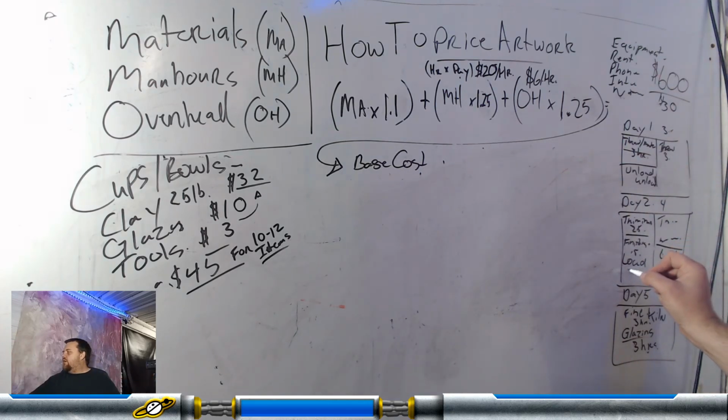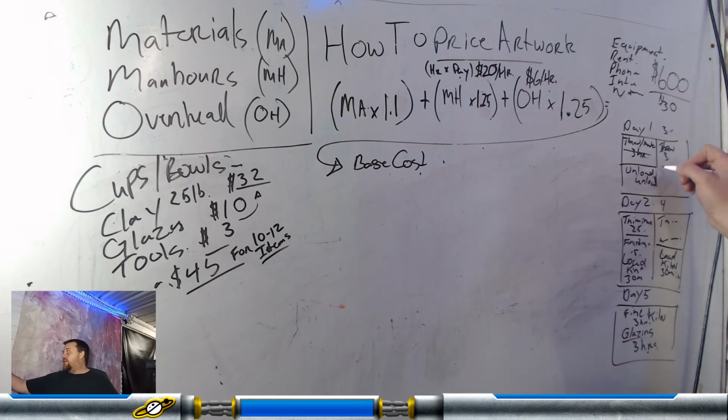But let's say you load the kiln, which is another 30 minutes. You fire the kiln. Three hours, and you see how that thing goes through, and then you might unload the kiln.